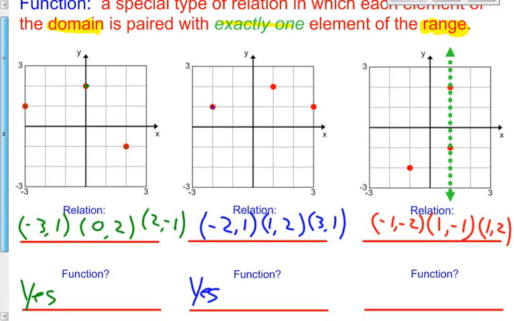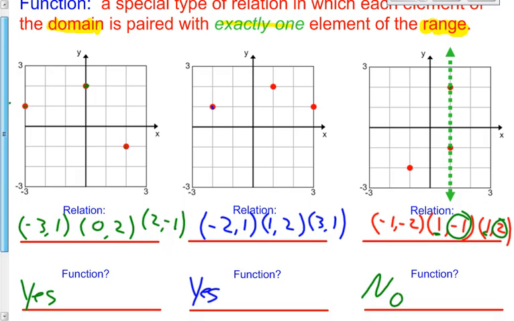And this one, the domain right here, that domain being +1, is paired with 2 elements of the range, -1 and +2. So if that is the case, we say that it is a no. This one is not a function.